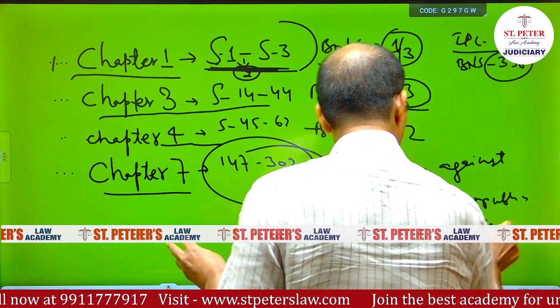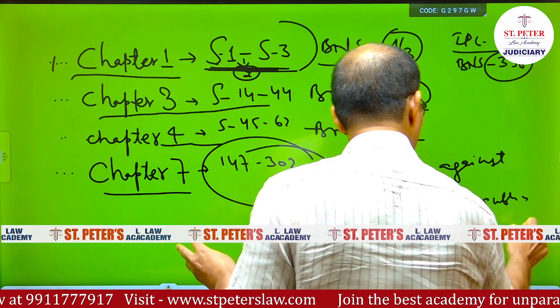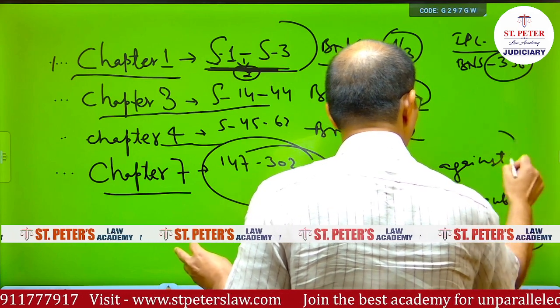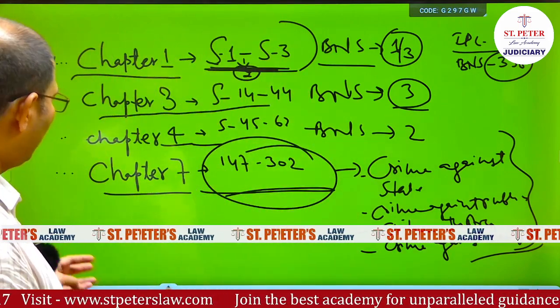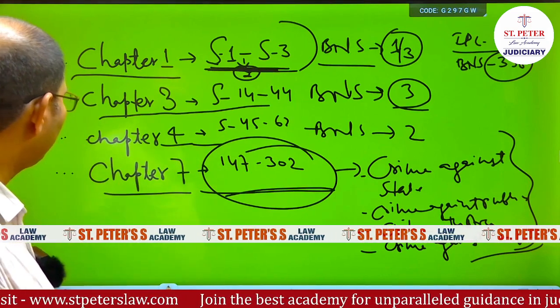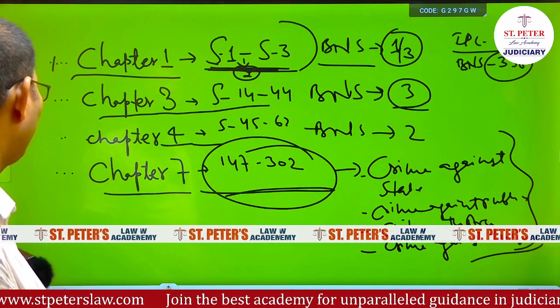These types of crimes, meaning crimes against government and its law, are contained in a great many provisions starting from section 147 till section 302.